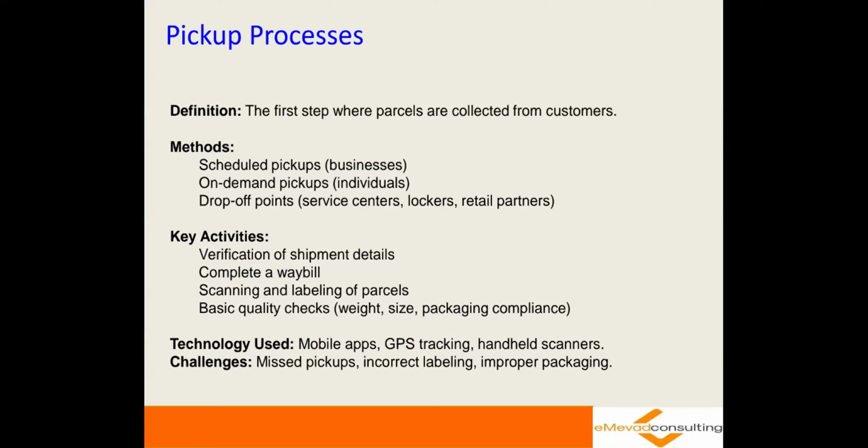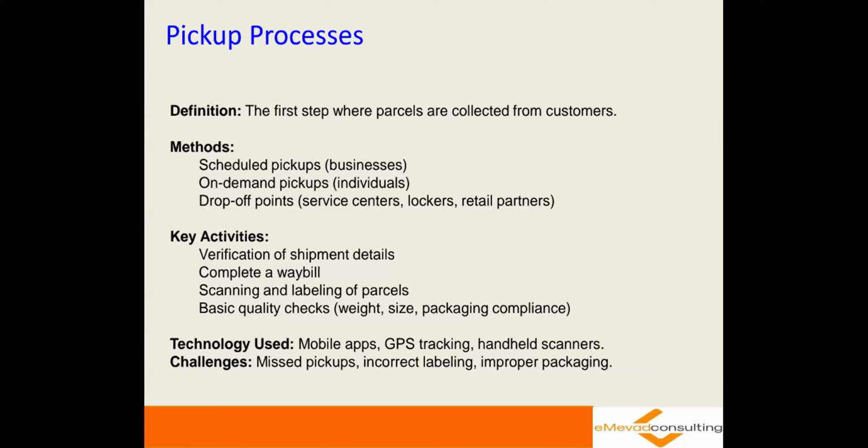And what are the activities that are performed during pickup? The first thing that the pickup staff must do is to verify the package. This stage is very, very important, because verification will determine whether the package can fly or not, whether the package is worthy of being picked up.